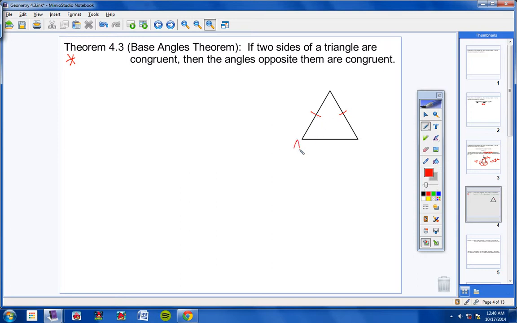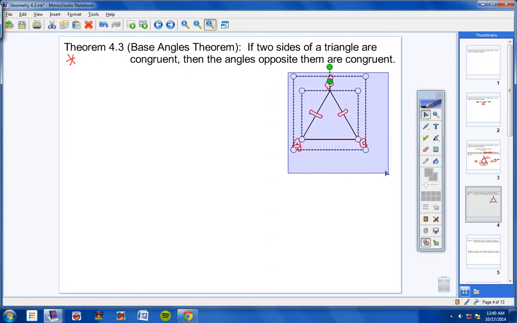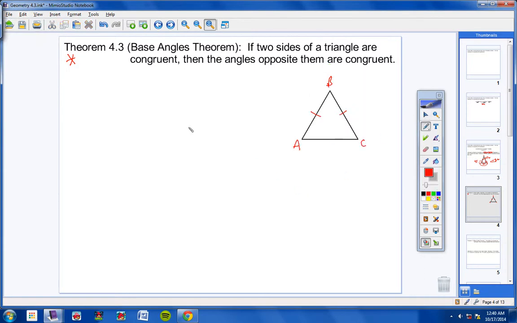Let's call it triangle A, B, and C. Now, over here, write this. If AB is congruent to BC, then angle A is congruent to angle C.